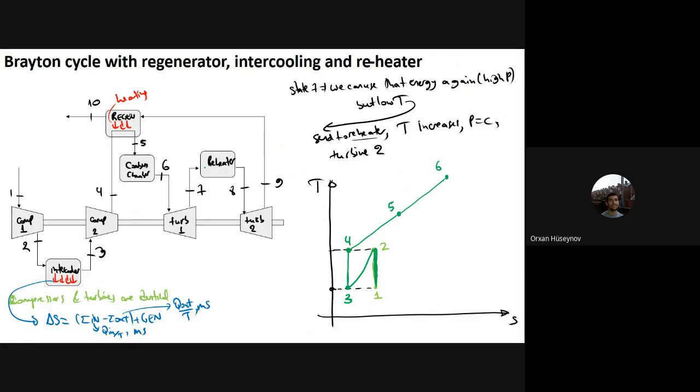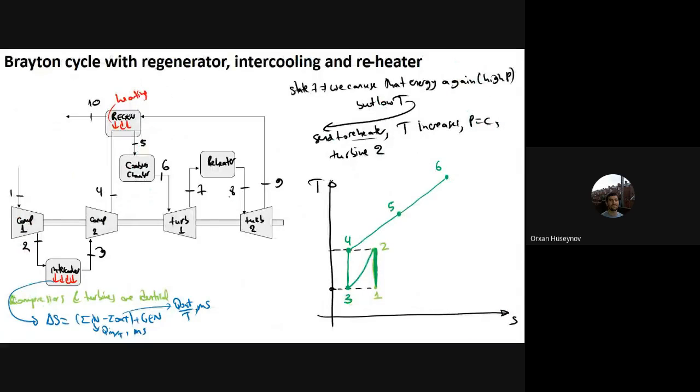Okay. And then from 6 to 7, you will have the work of the turbine 1. Let me draw it. So that work of the turbine 1, it will drop the temperature value because it uses the energy of the fluid, but the entropy is constant because it is reversible and adiabatic.